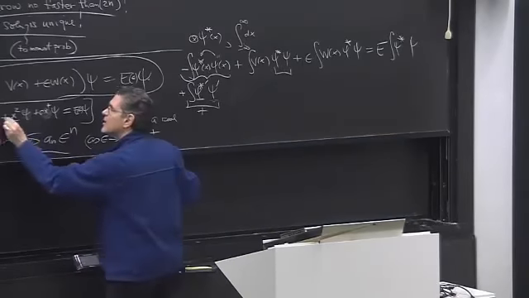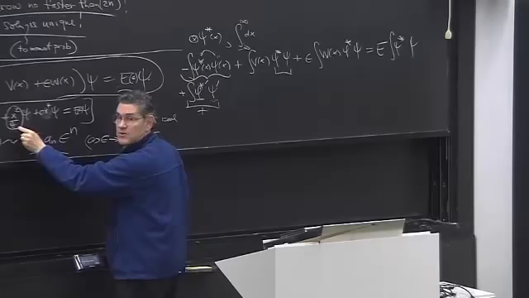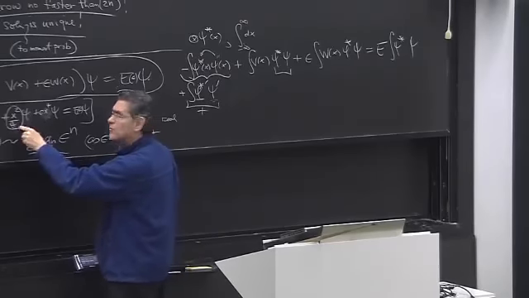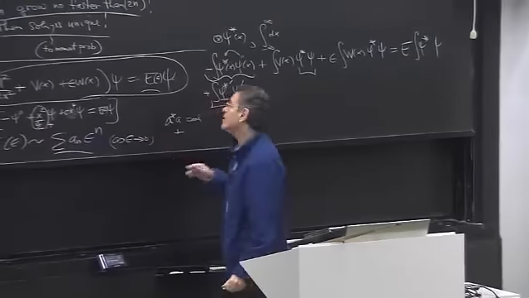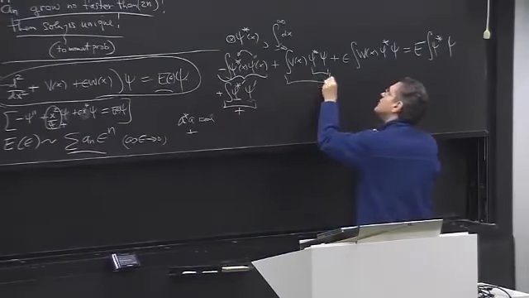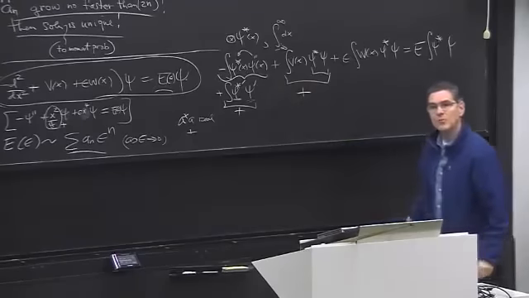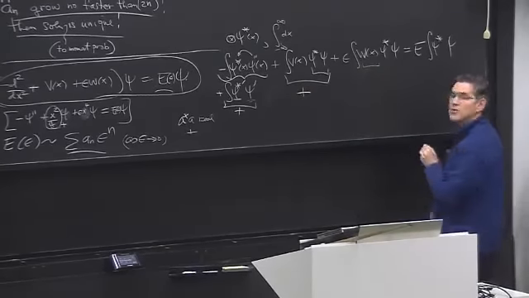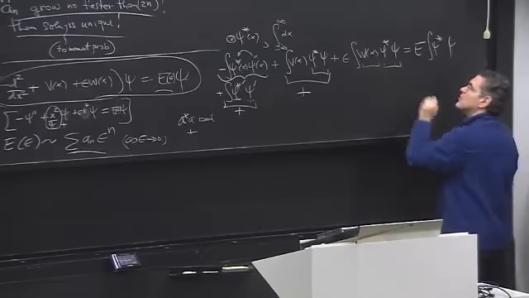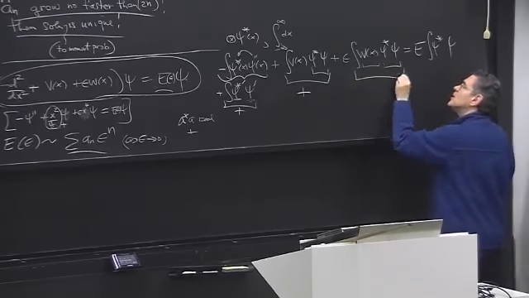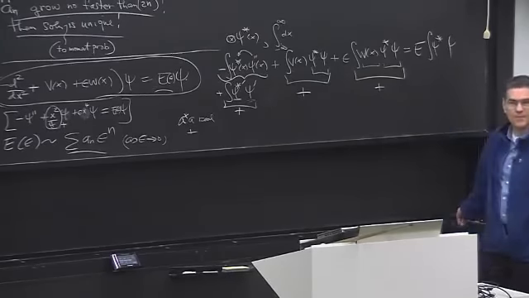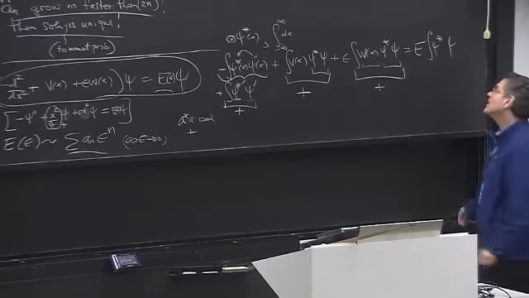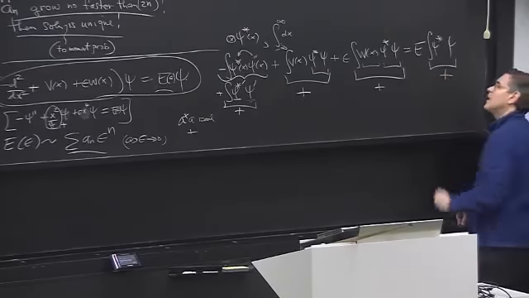But for our example, for this simple example here, not so simple, this is also positive. So this guy is a real positive number. Same with W. W is positive. Psi star psi is positive. So this is a positive number. Okay? And this is a positive number.